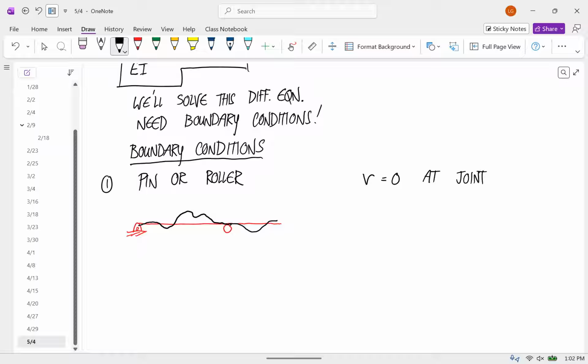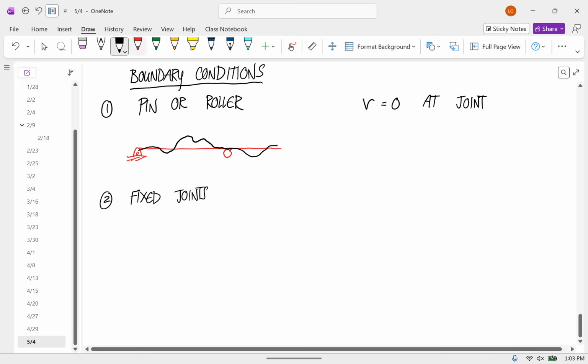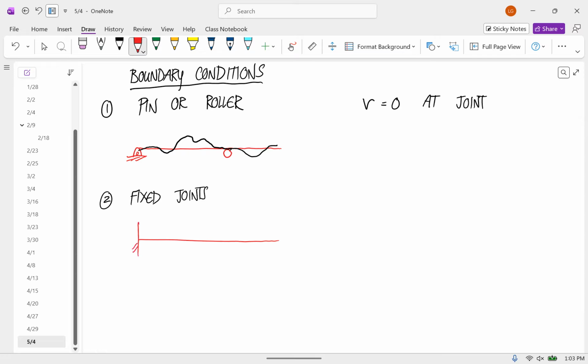The second type of boundary condition is, well, what about at fixed joints? Like a weld joint. That would be a case like your beam connected to a wall over here. Okay. What restrictions does that put on the beam?